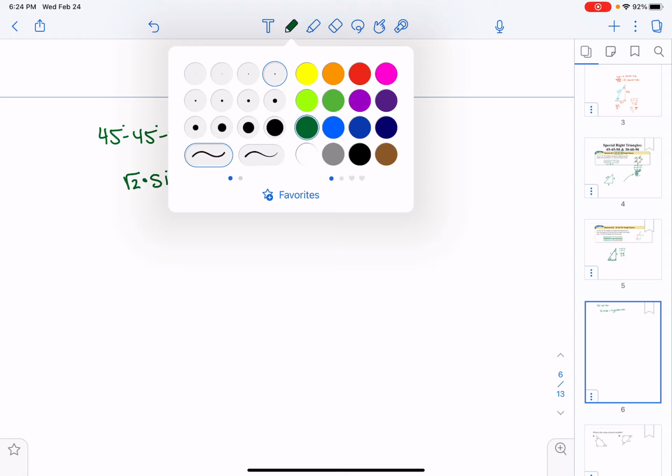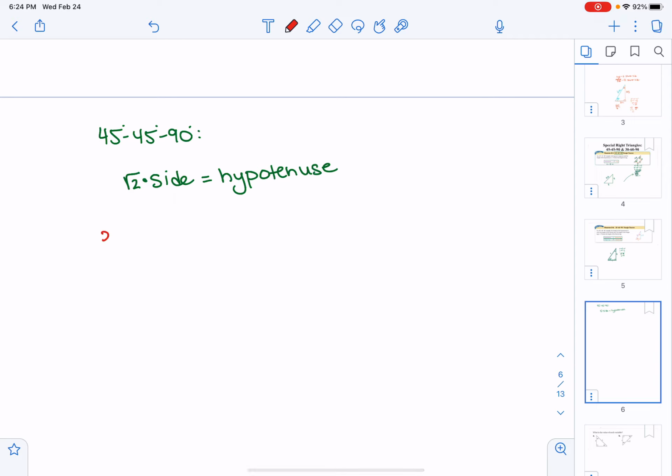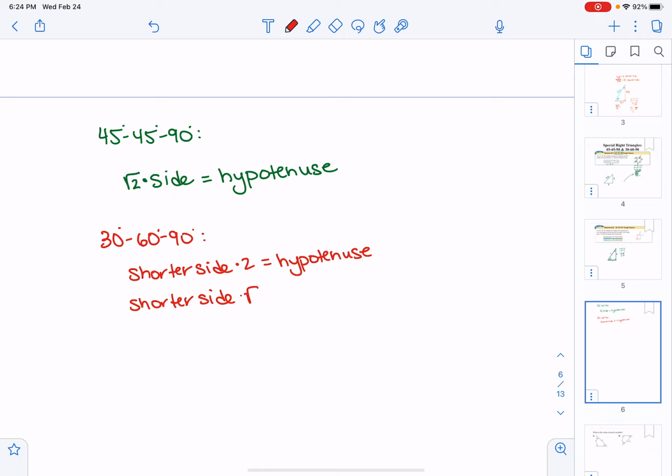Then if you have a 30, 60, 90 triangle, which is an equilateral triangle where you just took half of it off, then if you take the shorter side times 2, that's the hypotenuse. And if you take the shorter side times the square root of 3, that's the longer side.